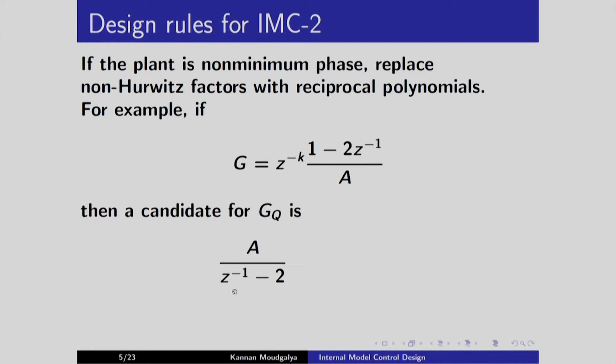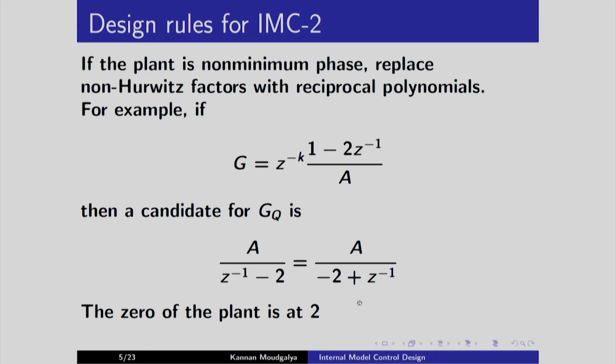In addition, we change the order of the polynomials. So, it starts with z minus and it becomes a constant term here. More details on the reciprocal polynomial are given in the textbook. So, as a result it becomes A divided by minus 2 plus z inverse.